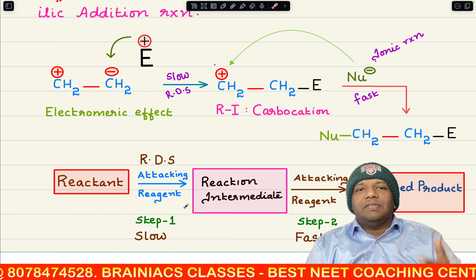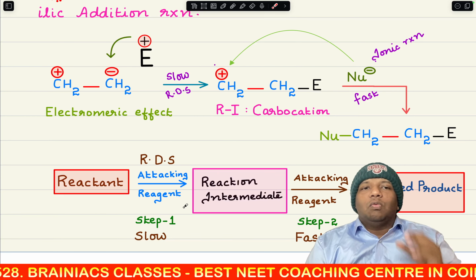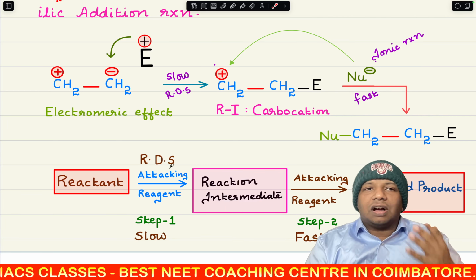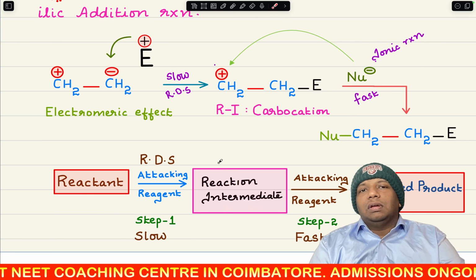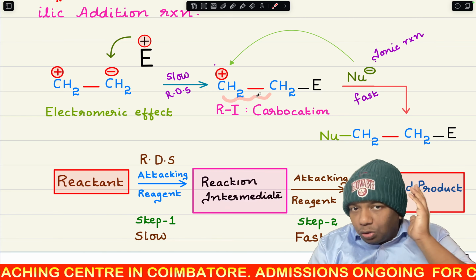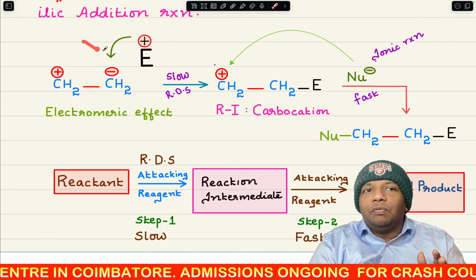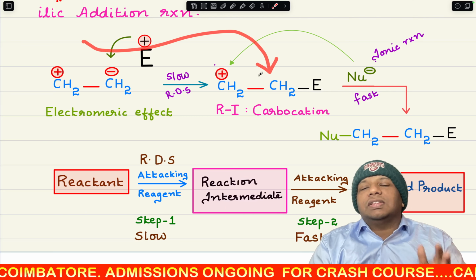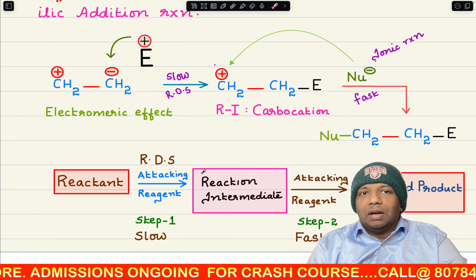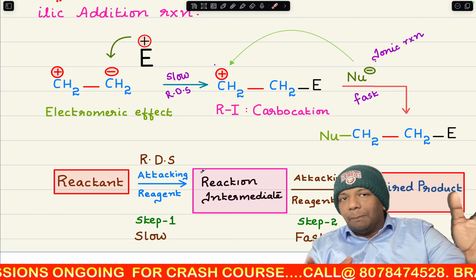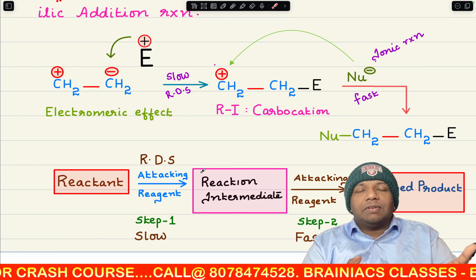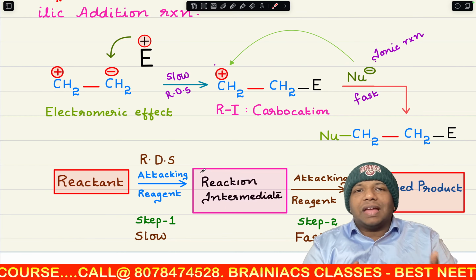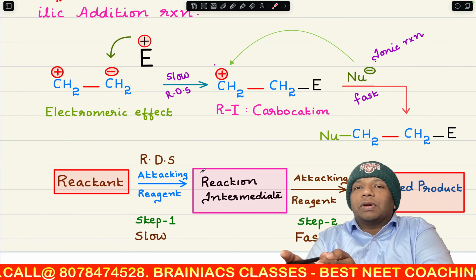So whenever a comparison is there, what you need to check is how fast the reactant can become a stable carbocation. If it forms a stable carbocation, the first step will complete very fast. I know that it is a slow step, but if you are comparing maybe 4 different reactions, I need to check which of the 4 reactants can form a stable carbocation.